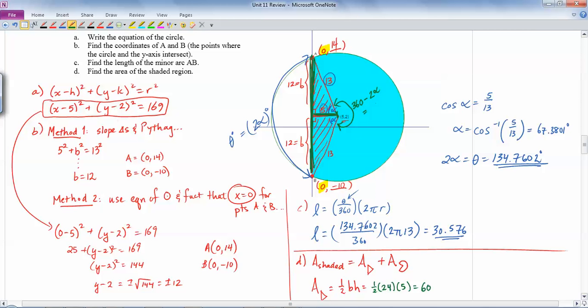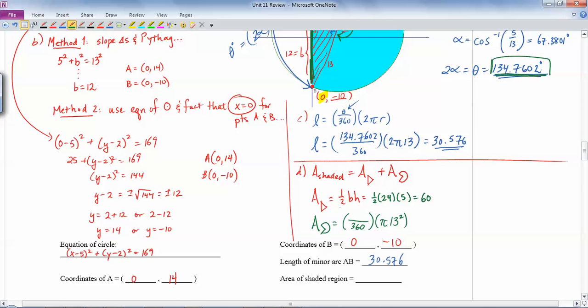And since we already know what 2 alpha is, I can subtract that out and I end up with 225.2397 degrees. There'd be some extra rounding involved in there. So that goes here: 225.2397.